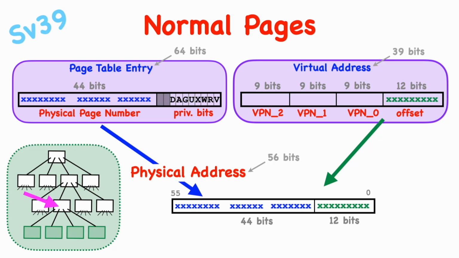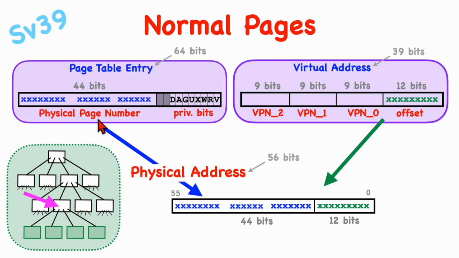So let's describe what happens with normal pages. So we'll assume the MMU, that is the memory management unit, gets all the way to the bottom level here before it hits a leaf page table entry. A page table entry at the bottom level will effectively contain the address of a normal 4 kilobyte data page.